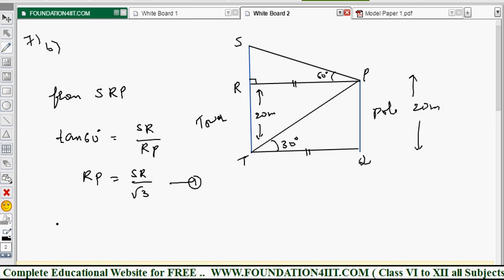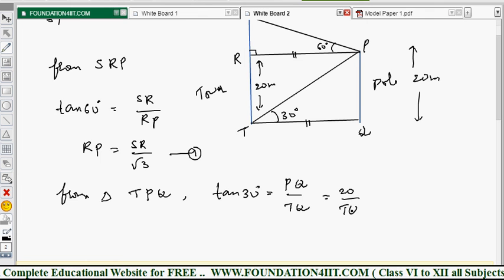Now again from the lower triangle, take TPQ. From TPQ, tan 30 degrees is equal to opposite PQ over base TQ. That is 20 by TQ.